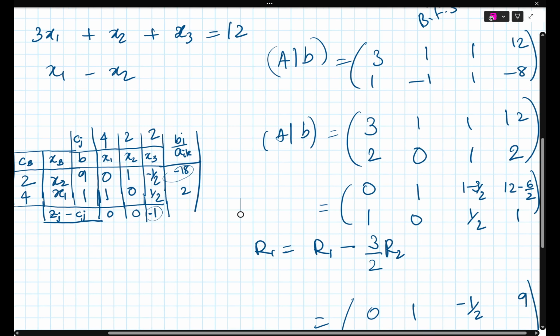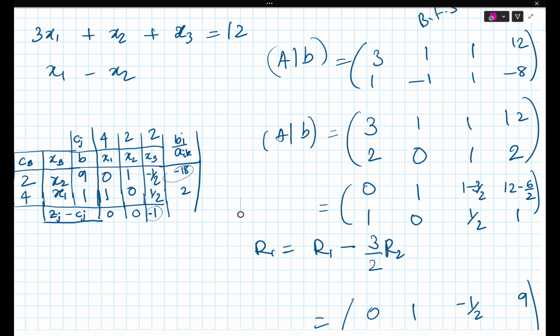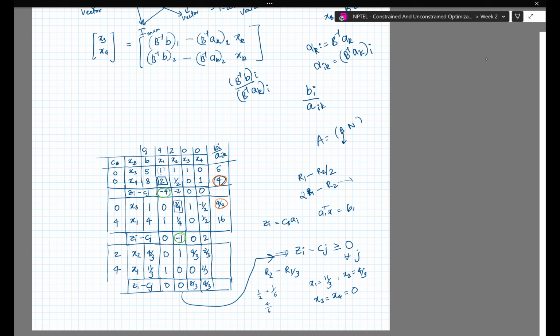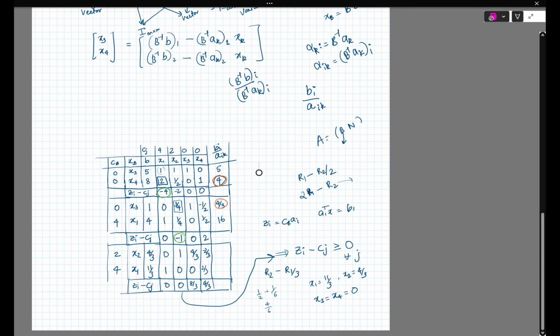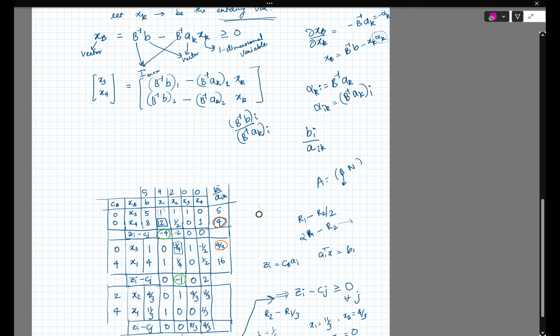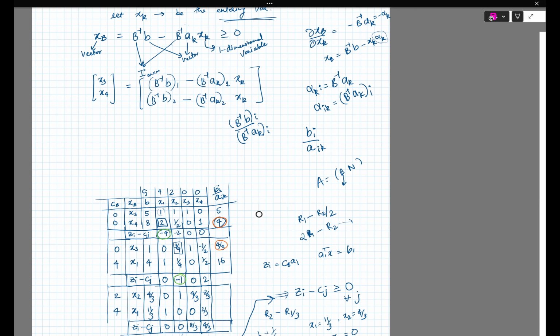Because all the b_i are greater than 0 and all the a_i. Basically, if we increase, the value becomes negative, right? Yes, that's why we don't do that.